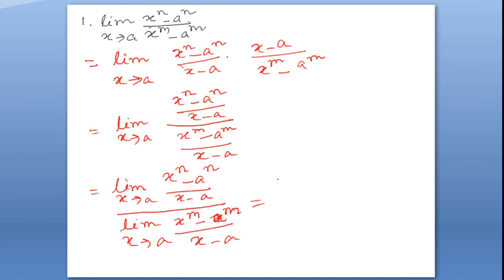Now according to the formula we can write n into a to the power n minus 1 by m into a to the power m minus 1. After simplification we will get n by m into a to the power n minus m.